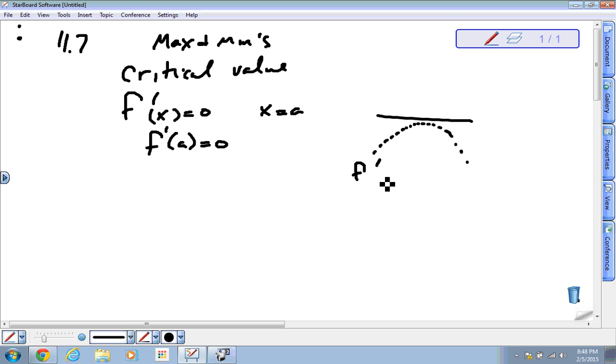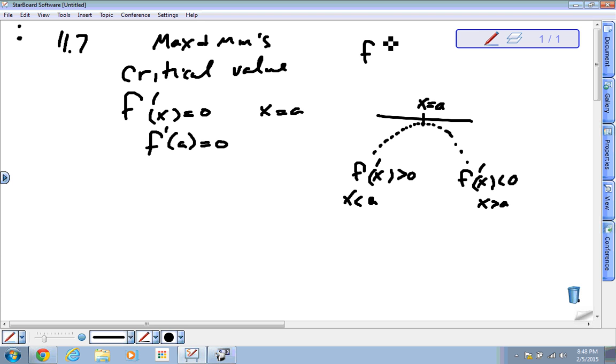So f prime of x is positive when x is less than a, that is, this is x equals a right here. Well, and f prime is negative when x is greater than a. That's the first derivative test, and that would give you a maximum.